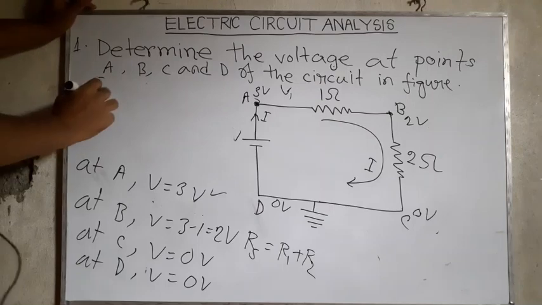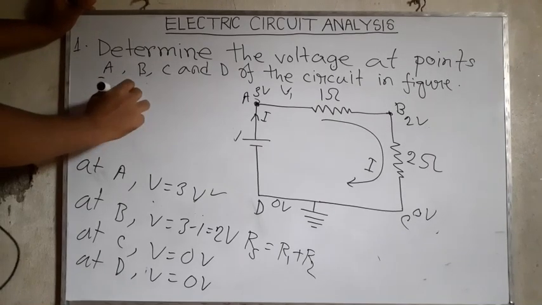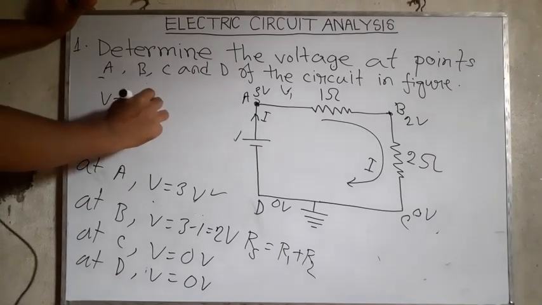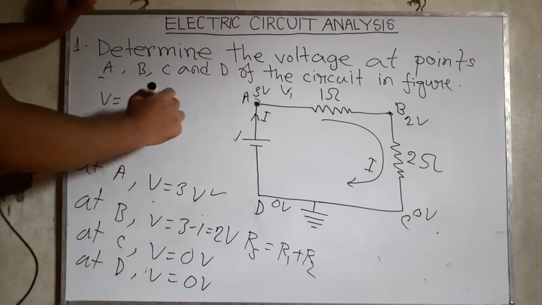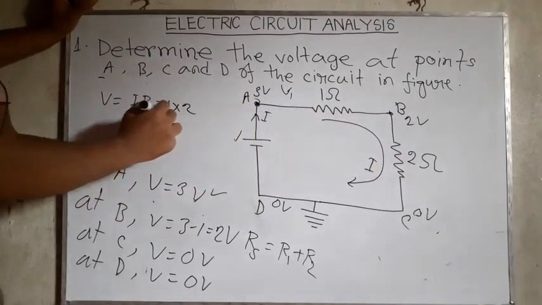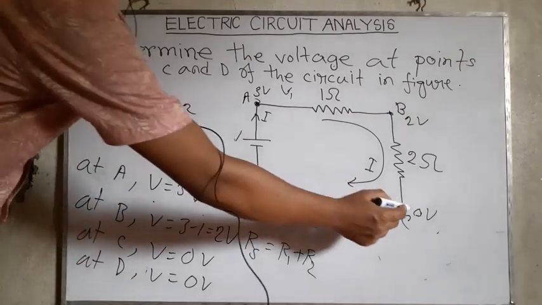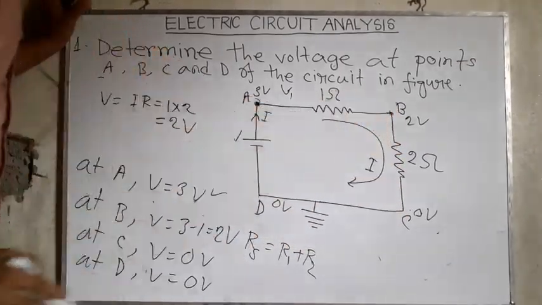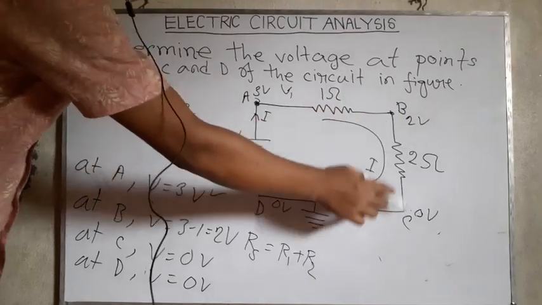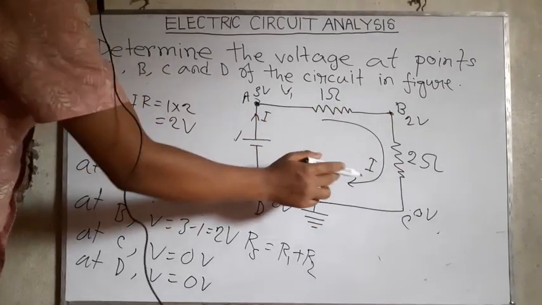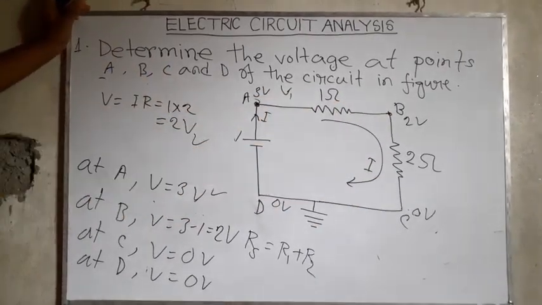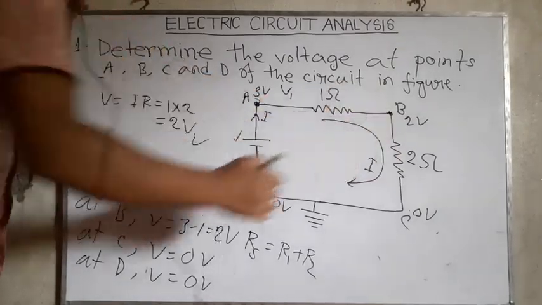Therefore, the potential difference V is equal to I into R. Here I is equal to 1 ampere and the resistance is 2 ohm. Therefore, the potential difference is 2 volt. Here the potential is 0 volt and here the potential is 2 volt. Therefore, the potential difference is 2 volt minus 0 volt, that is 2 volt. It is verified by Ohm's law.